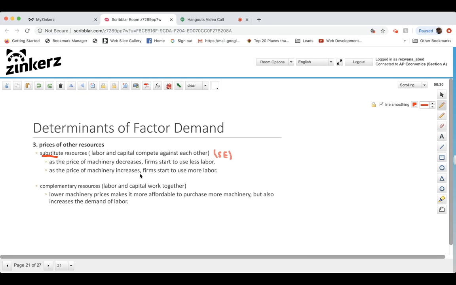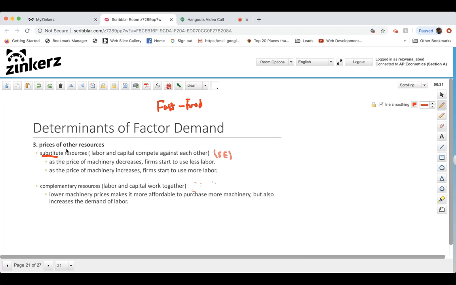Okay, so if you're a fast food business, and you can have a machine that automatically dispenses beverages based on a computerized order, as opposed to hiring manual labor who's going to be doing it by hand, they're going to be considered substitutes for each other.